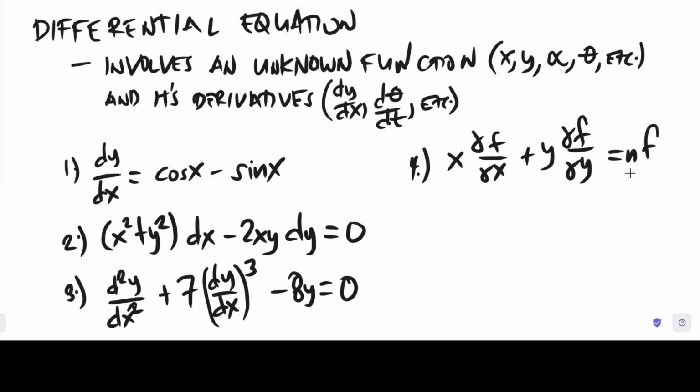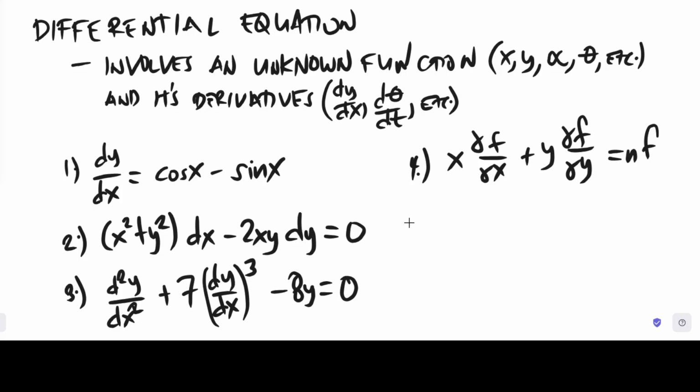So n, if not stated, is more likely a constant. This example also shows that a DE does not simply involve an ordinary derivative. It can also involve a partial derivative. As long as the function is present and its derivative is present, it's a DE.